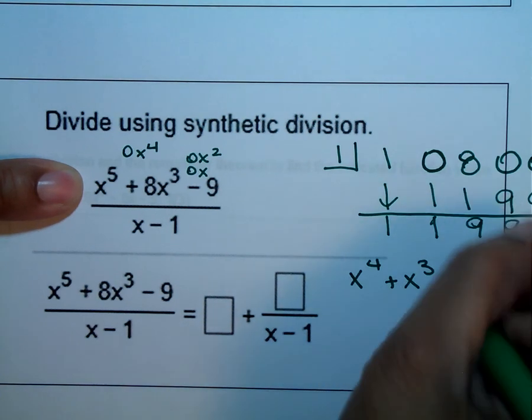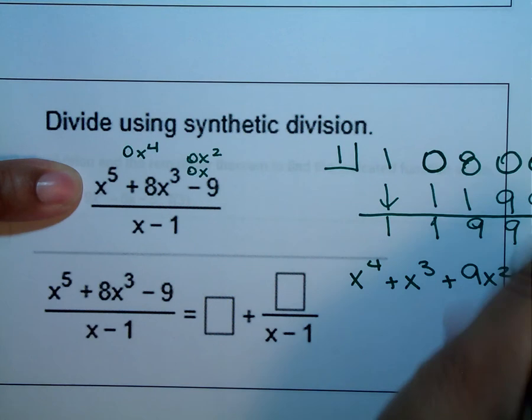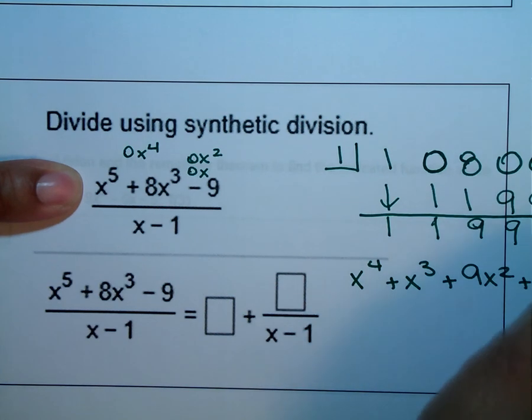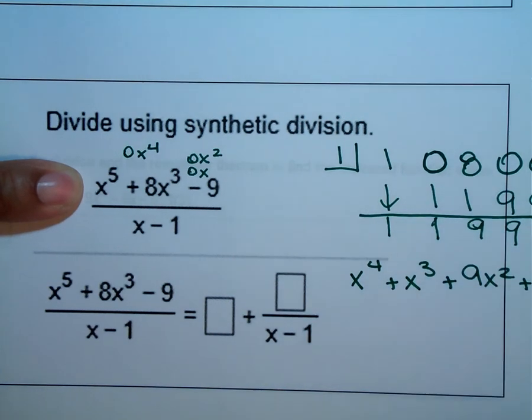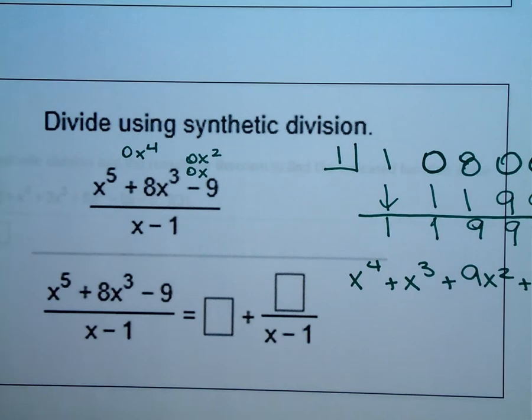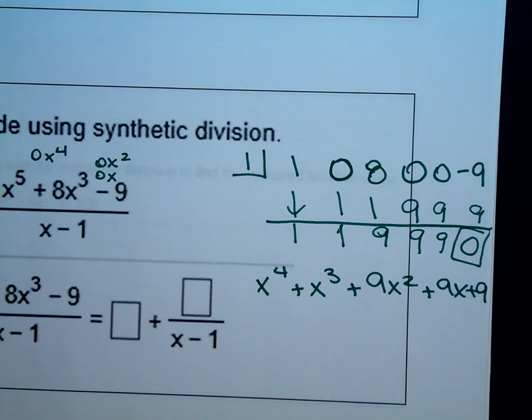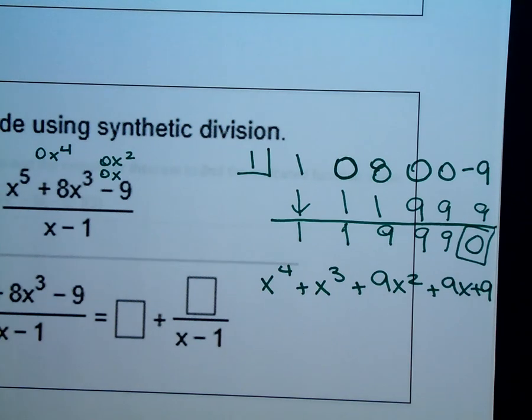So positive 9x squared, positive 9x plus 9, and then my remainder is 0, which would be 0 over x minus 1. Oops, and you couldn't see all of it. Ta-da! Okay, so that is dividing using synthetic division.